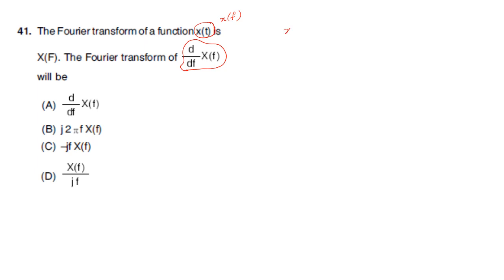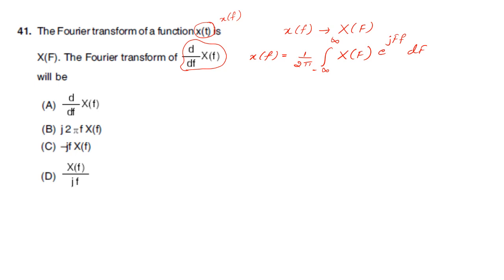Given that Fourier transform of x of t is capital X of f, then x of t can be expressed as x of t is equal to 1 upon 2 pi integration minus infinity to infinity X of f e raised to j omega t with respect to df.